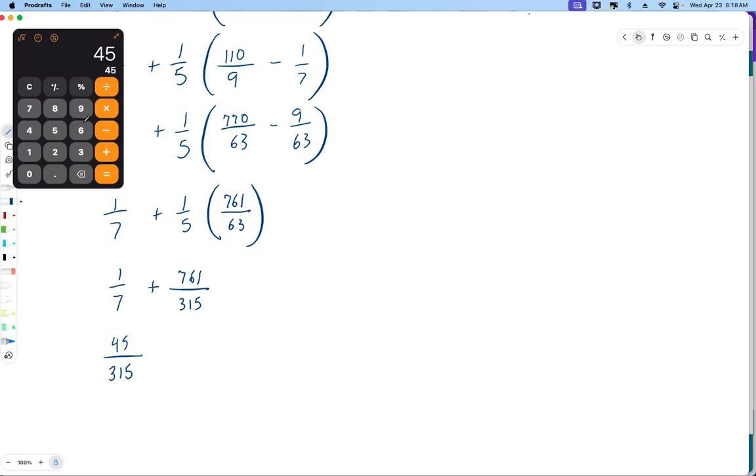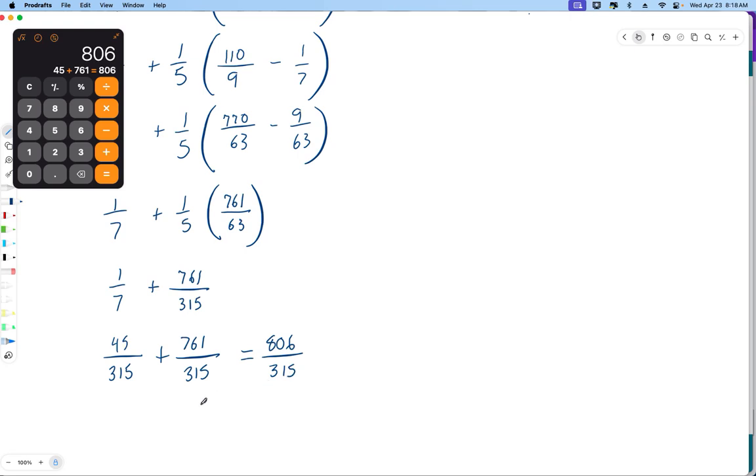So I didn't have to reduce this. Instead, all I had to do was increase this. So 45 plus 761 is 806 over 315.